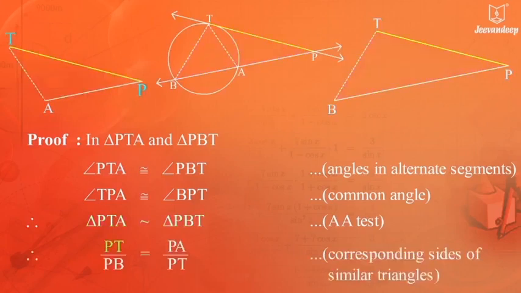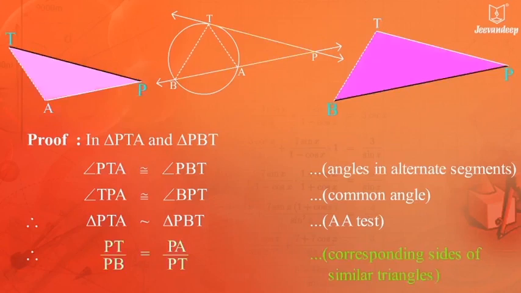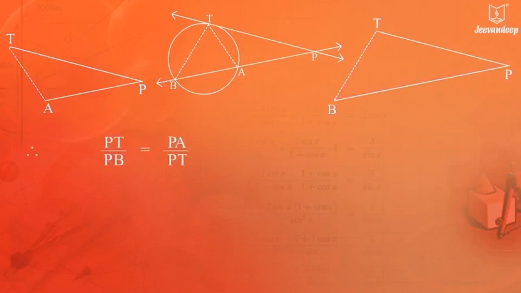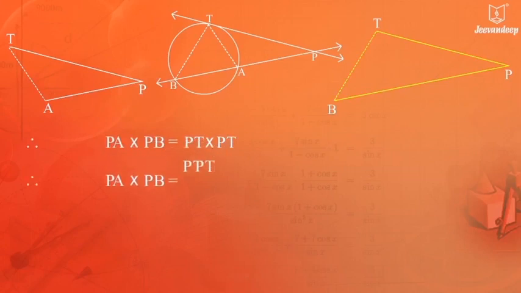Therefore, PT upon PB equals PA upon PT, corresponding sides of similar triangles, or PA multiplied by PB equals PT square.